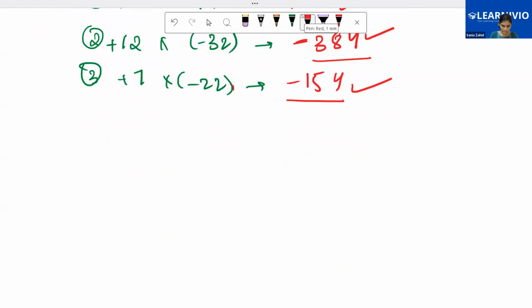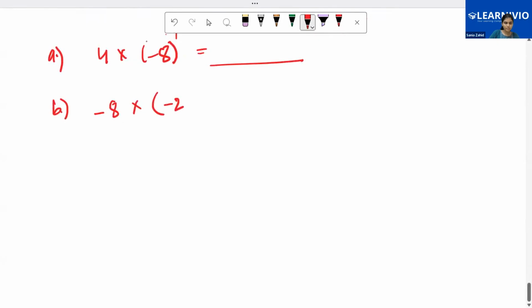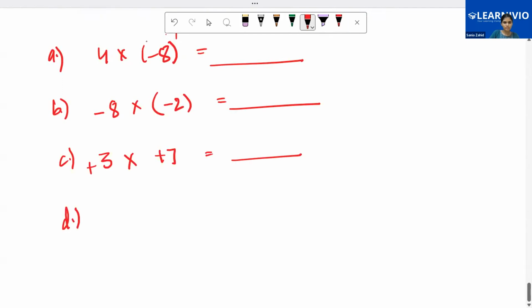You have to do them. Solve these and tell me the answers.